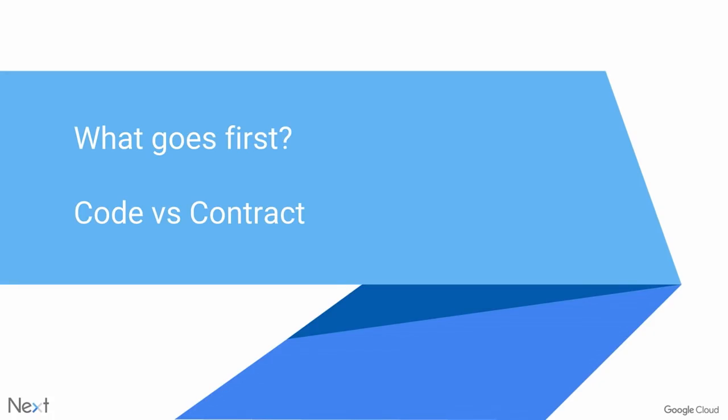OK, so we have that demo, right? And the next question is, well, I want to let people use it, right? How can they use it? What is the message they should send? What is the message they should receive? What are the paths that are accepted? What are the methods on those paths that are accepted, right?